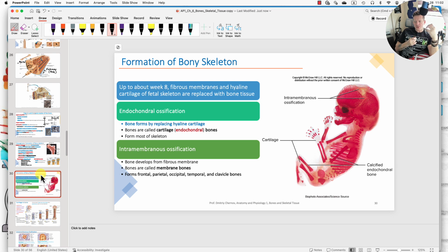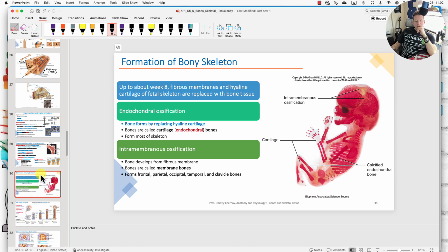First it's an embryo, and then it's a fetus. In gestation, in the first trimester, the embryo turns into the fetus at about 8 weeks, about 2 months. Those fibrous membranes and hyaline cartilage of the fetal skeleton would be replaced by bone tissue.